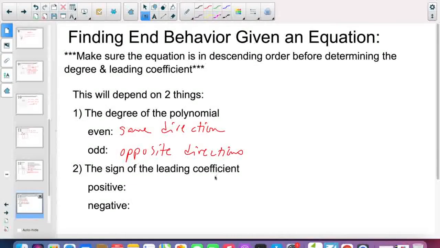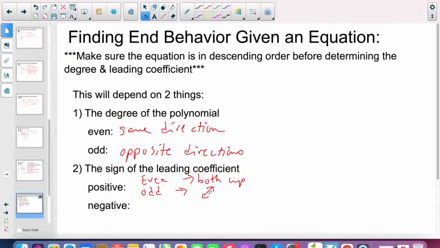The second thing is whether the sign of the leading coefficient is positive or negative, and that will help us determine how to write the end behavior. So if the leading coefficient is positive and you have an even degree, then they will be both up. If the leading coefficient is positive and it's an odd degree, then they're going in opposite directions, but it would be in the direction of a positive slope.